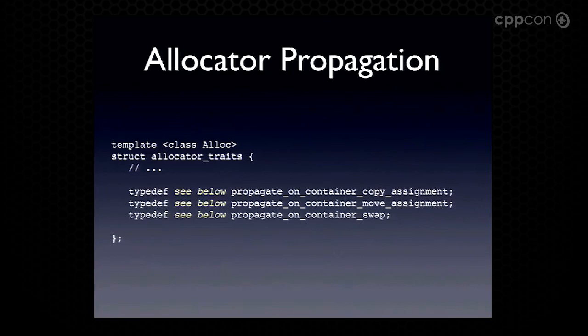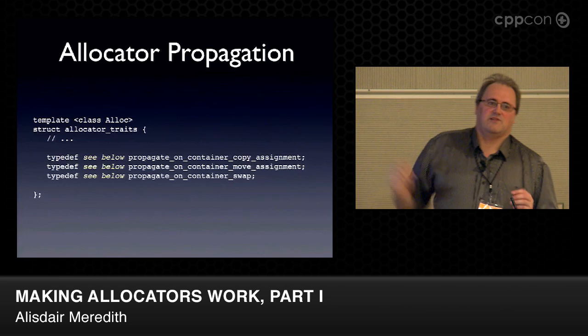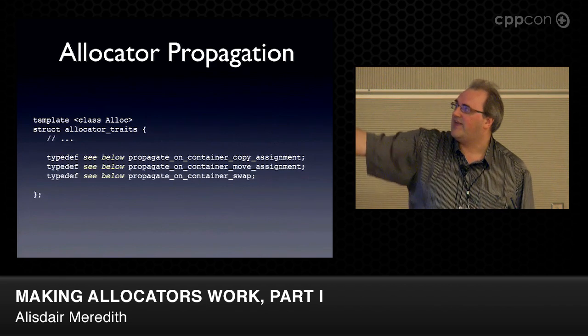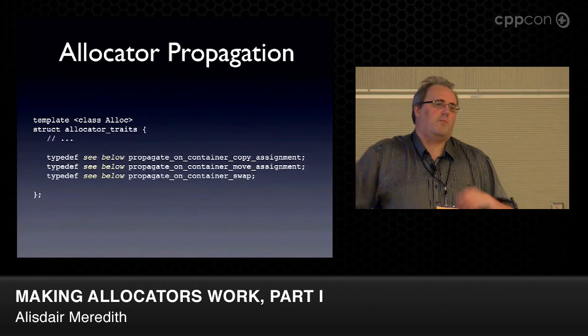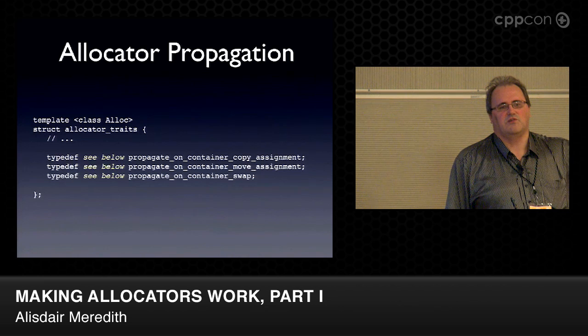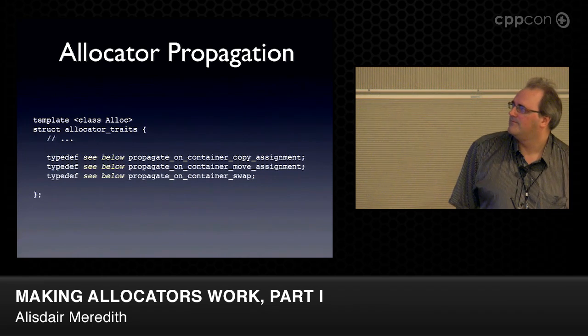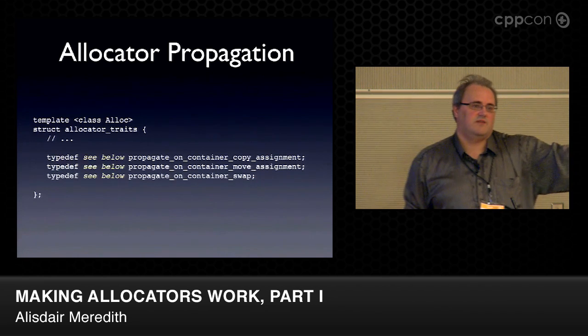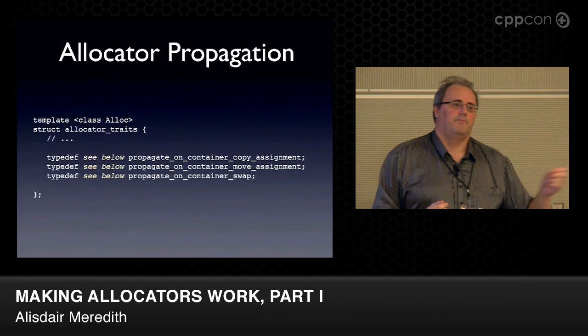So the end result, we have some fine-grained traits that are, again, part of the allocator traits, with nice short names like propagate on container copy assignment. So when you're doing a copy assignment of your container, you query the allocator traits to say, should I be propagating the allocator through this assignment or not? And similarly for the move assignment, and similarly for the swap.